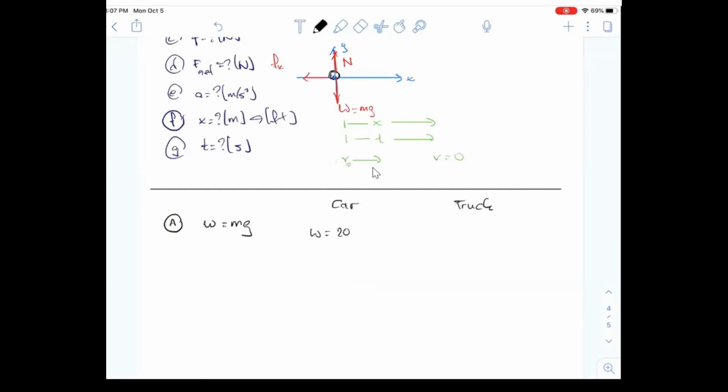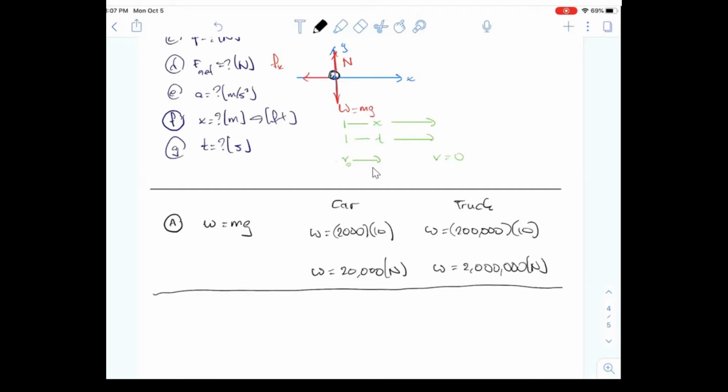Car is going to be 2,000 times 10. Truck is going to be 200,000 times 10. So this is 20,000, and this is going to be 2 million. We're done with part A.